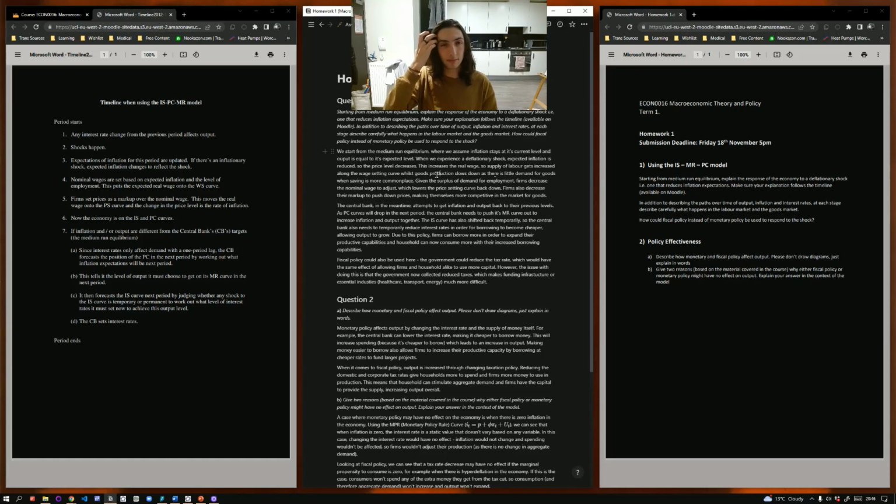Goods production is also going to slow down at the same time, because in a deflationary shock, businesses don't have many customers, because most people are saving, because your money is worth more tomorrow. So if your money is worth more tomorrow, you're not going to spend it today. So businesses have reduced demand for their services, so they have to reduce production.